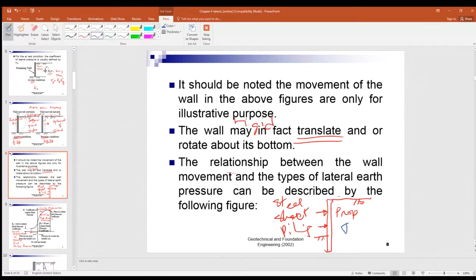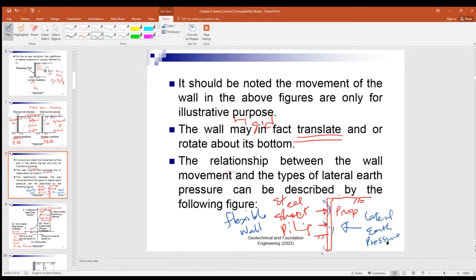We have this lateral earth pressure acting behind the wall, and because the sheet pile is not a rigid wall, it's a flexible structure, a flexible wall, the sheet pile under the lateral earth pressure may deform.